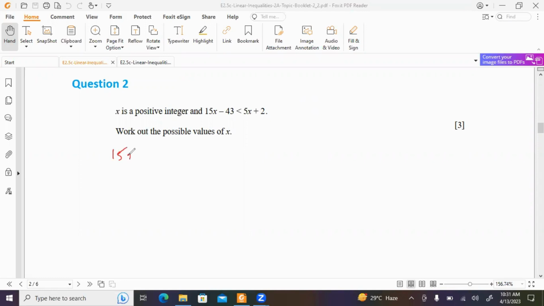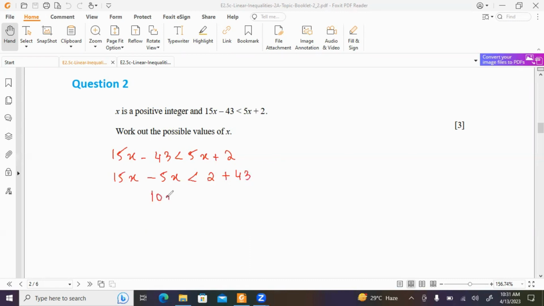So what we're going to do is collect the like terms on each side. I'm going to move the 5x to the left-hand side and 43 to the right-hand side. So that means it's going to be 15x - 5x now and 2 + 43 over here.